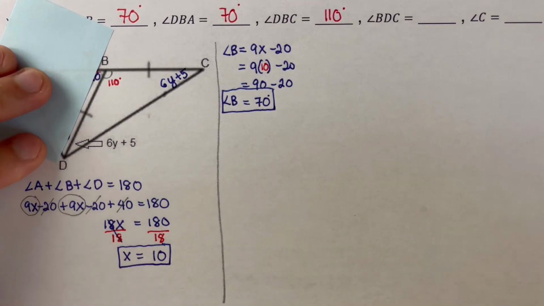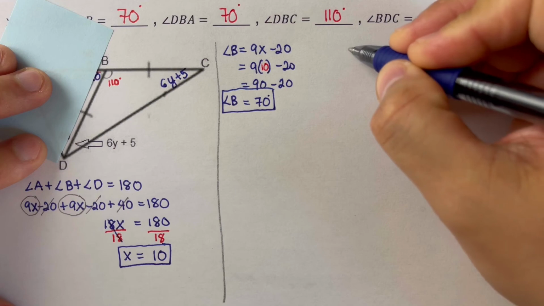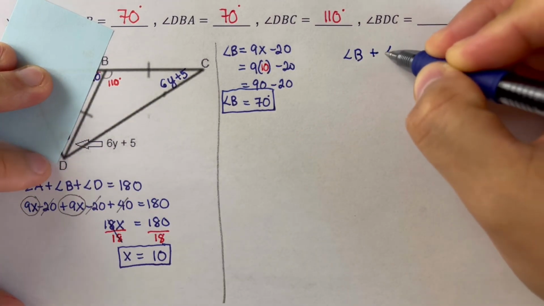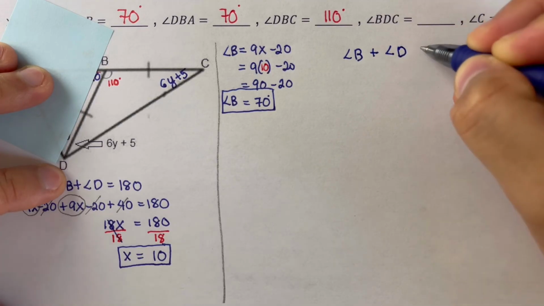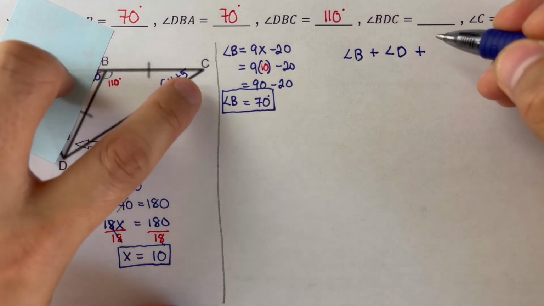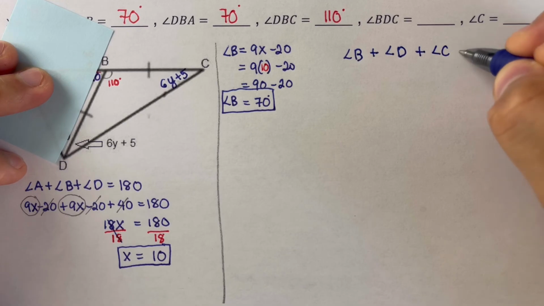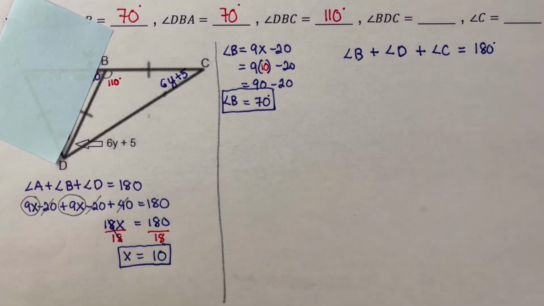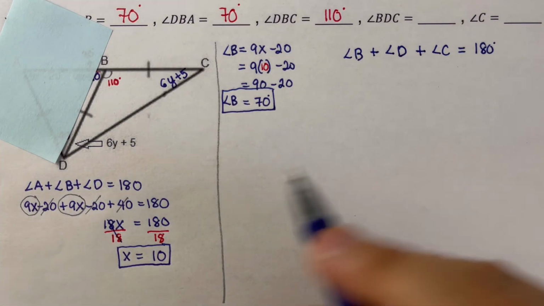So in this triangle, angle B plus angle D plus angle C should all be equal to 180 degrees. So we plug the values in and solve for y.